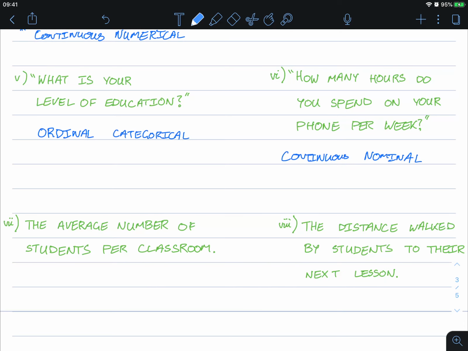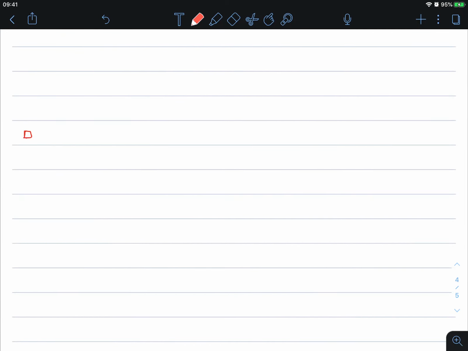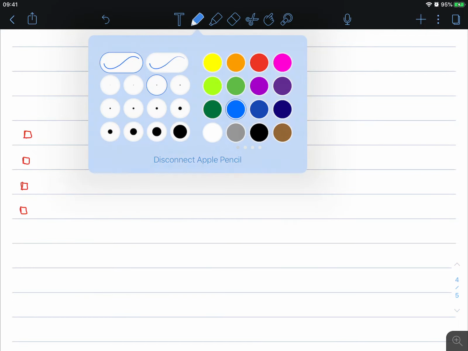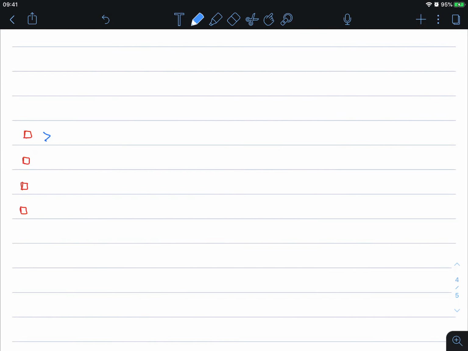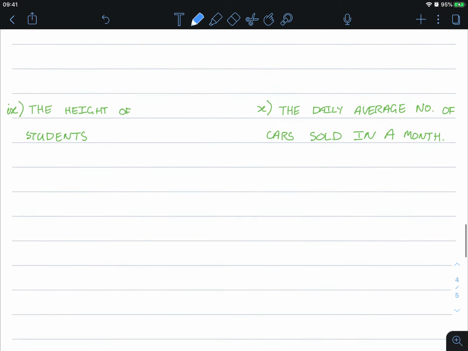However, let's say you were given a survey like this, where they asked you to tick a box, and they said less than 1 hour, 2 to 3 hours, 3 to 4 hours, greater than 4 hours. If you were only given these sorts of options, you could argue that this is discrete numerical data.